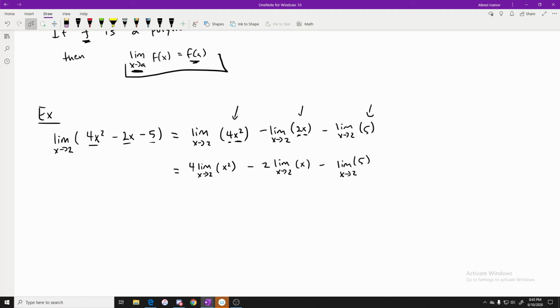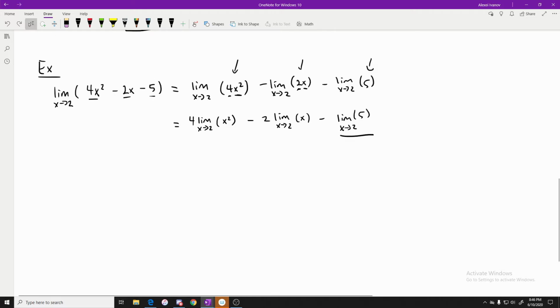For this last piece right here, technically we could say that it is 5 times x to the 0, but I don't really want to get into that, so I just left it as a constant for simplicity. So now finally we have these bare bone functions, and let's go back up to our limit laws and figure out which laws we can now apply to simplify our functions.